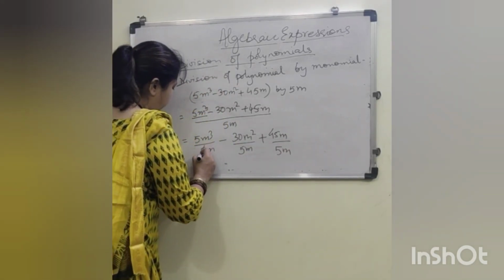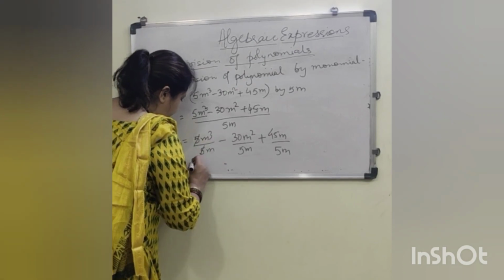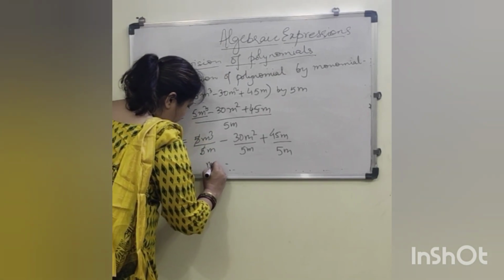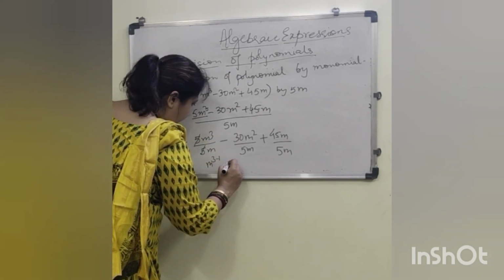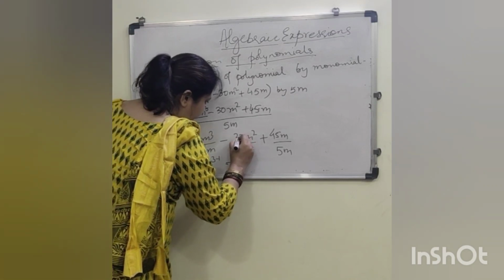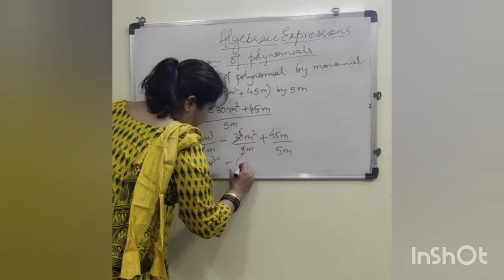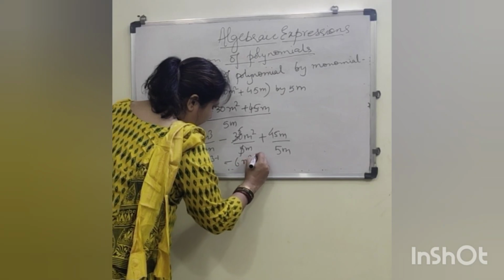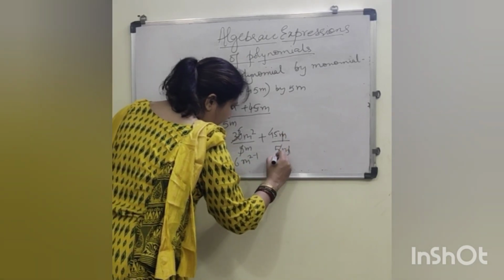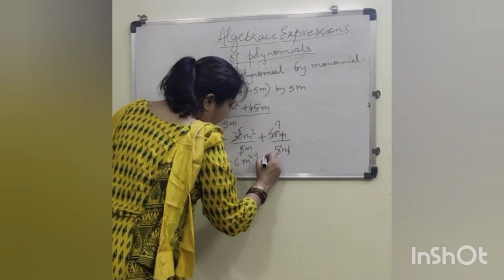Now simplify. Numeric cancel, exponents get subtracted. It is m to the power 3 minus 1, minus 5 and the 5, 6 5s are 30, 6m to the power 2 minus 1, cancel, this cancel, 9.